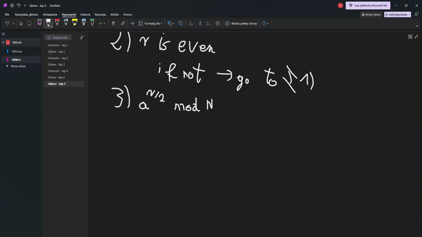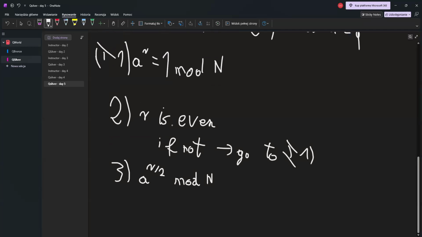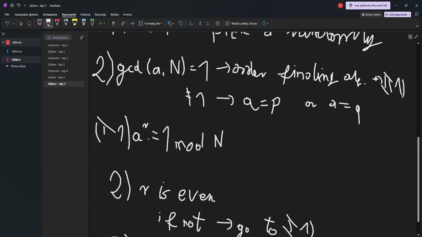So we have a question: how do we choose R first? Is R randomly selected? No, you calculate R from this equation. A is randomly selected, N is your input, it is known, and R you calculate using the order finding algorithm that we were talking about yesterday.